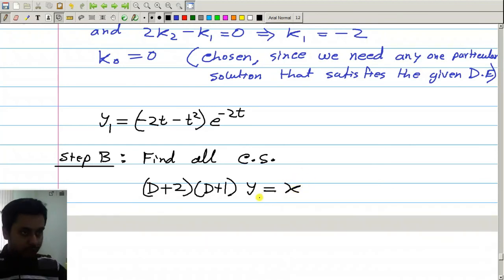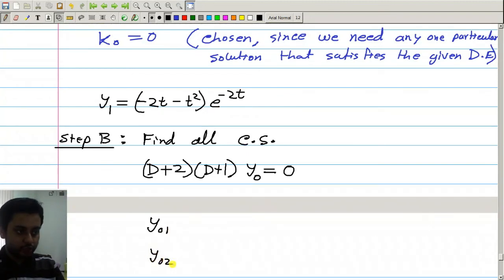So the complementary solutions will be such that this operator acting on the complementary solution gives 0. It will have two complementary solutions, y01 and y02, of the form e to the power minus 2t and e to the power minus 1t.